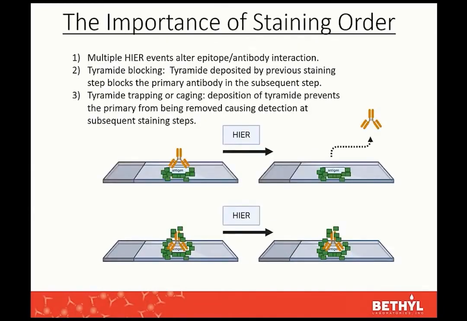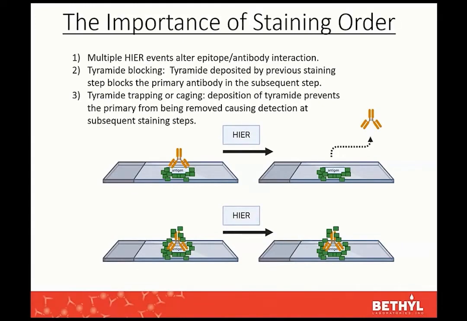The third thing that is also rare, but it does occur, is that you can trap your primary onto the tissue. And when you do this, this means you cannot remove that primary antibody with the heat treatment. And therefore, you can have crosstalk between channels. Now, again, this is a somewhat rare event, but we have seen it happen.